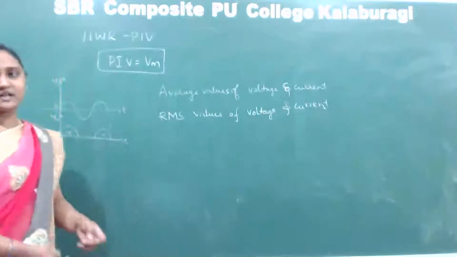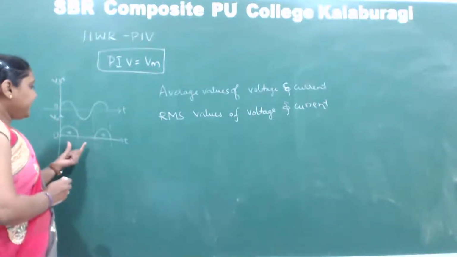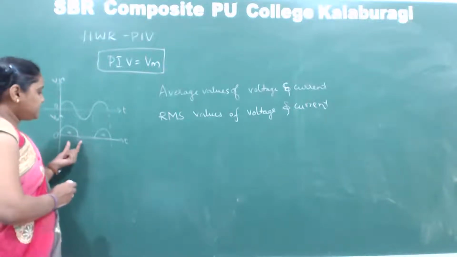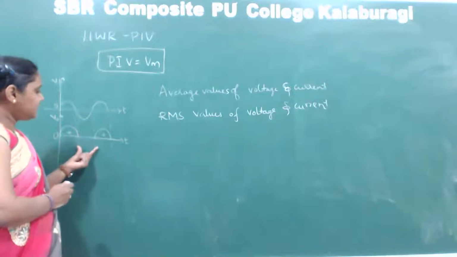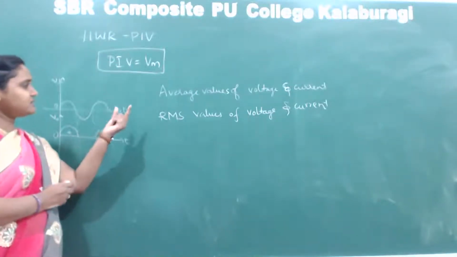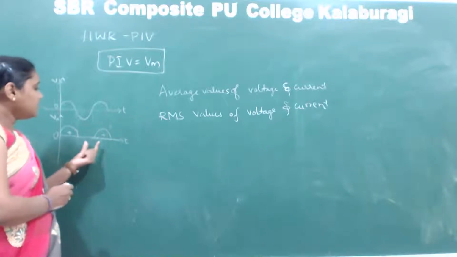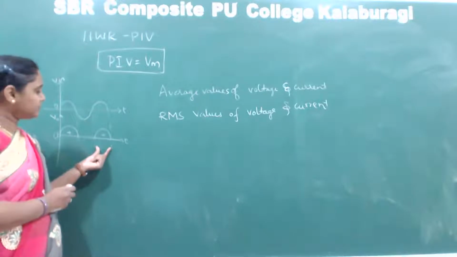This is the input part and this is the output part. We are writing the average and RMS values of voltage and current, and these are for the rectified output.